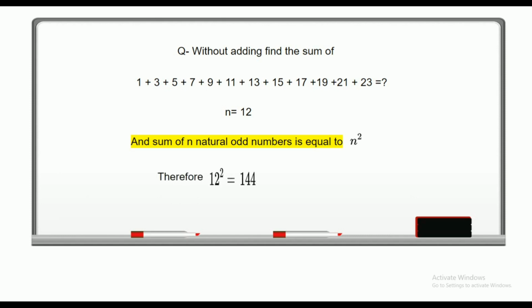Therefore, 12 square is equal to 144. It means that the sum of these 12 odd numbers is equal to 144.